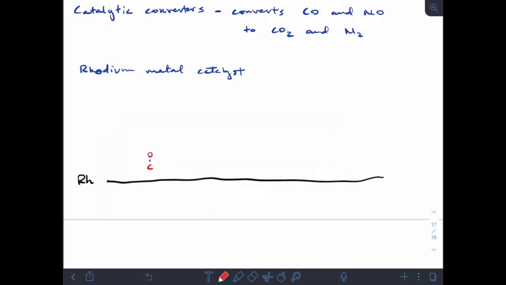So we have our carbon monoxide stuck to the surface, and we have our nitrogen monoxide stuck to the surface. Okay, so our step one is the adsorbed reactants. This is the adsorption step.